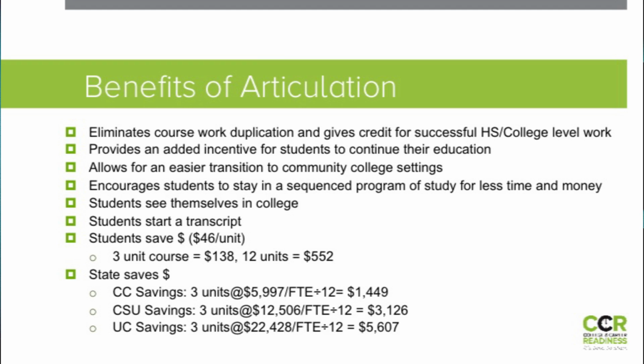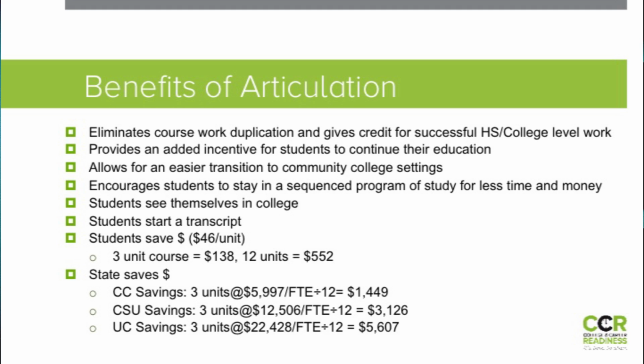If the work is done correctly, the high school and the college partner are getting together and they're discussing that sequence of courses. And so when students are involved in that sequence of courses, they should or they could know the high school and college instructor connection and be able to make a connection to that college faculty member when they transition into the college part of that sequence. They see themselves in college, they start a transcript, and we all know how beneficial that is for students.